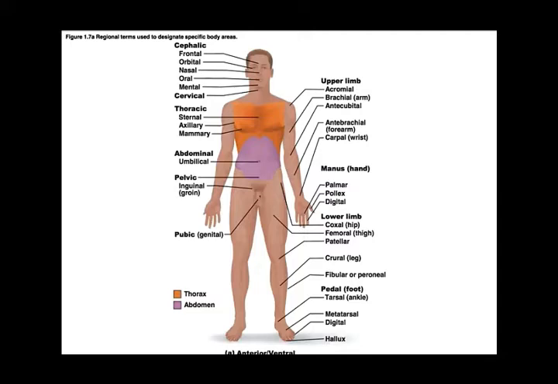Then after the pelvic part, there is also the pubic part, where all the external reproductive organs of your genitalia, which you can call the sex organs, are also located. That part is called the pubic region. Different authors and different books have different opinions.